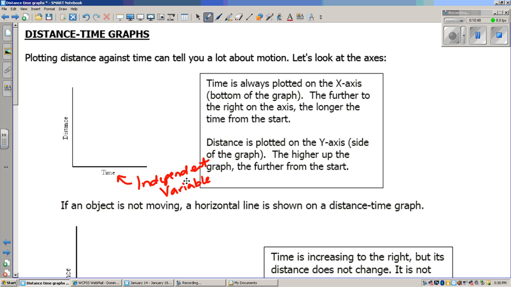All right, time is not dependent on anything else. The further to the right the axis, the longer the time from the start. Distance is plotted on the y-axis. The higher up the graph, the further from the start. And then distance would be considered our dependent variable.